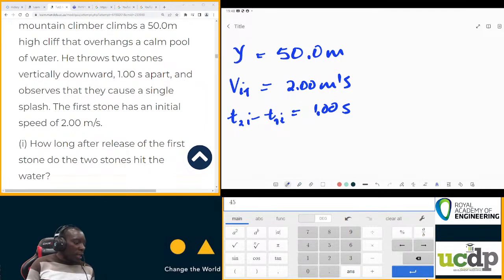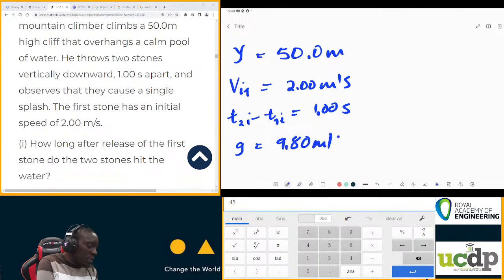Okay. Now the question is, how long after release of the first stone do the 2 stones hit the water? So how much time does the first stone take to reach the ground? So we have G equals 9.80 meters per second squared. So this is the information that we have.